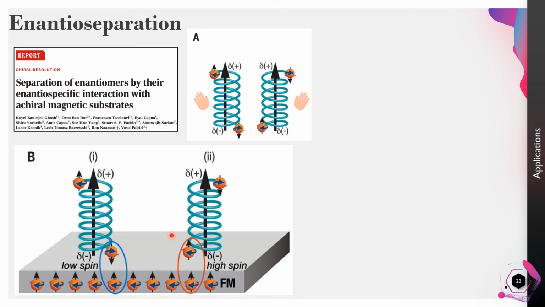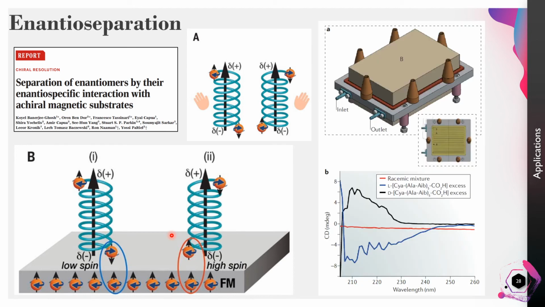So essentially, we can use magnets to separate chiral enantiomers, and this was beautifully shown in this experiment, where they used this apparatus, which is essentially two magnets sandwiching a solution of a racemic mixture.